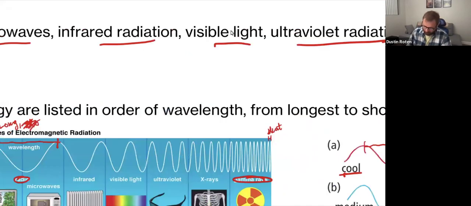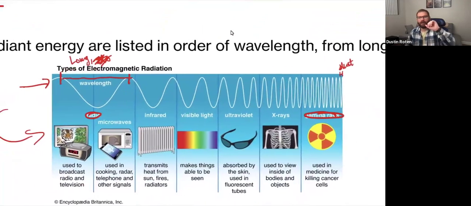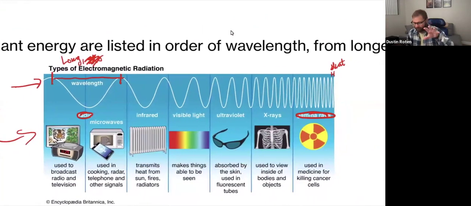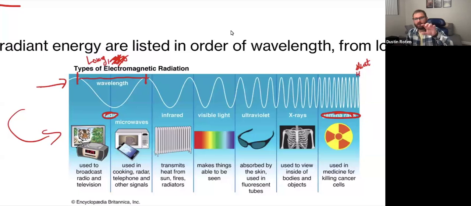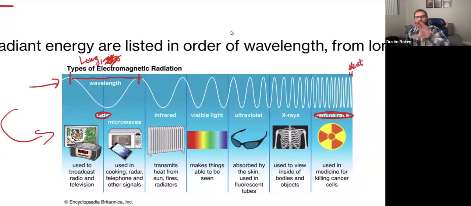Okay, now we know that a cold temperature means there's low kinetic energy, and a hot temperature means there's lots of kinetic energy. So we could say cold over here, low energy, right?